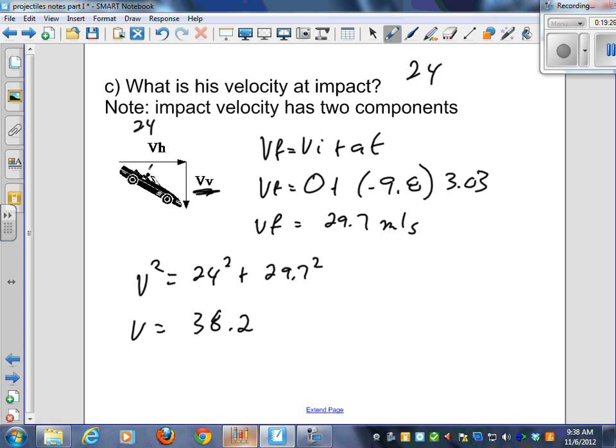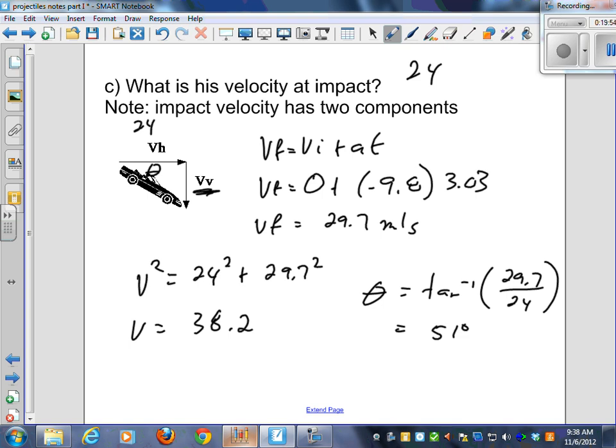Yep, it's velocity, you need an angle. Opposite over adjacent. So that's going to be 29.7 over 24. I get 51 degrees.